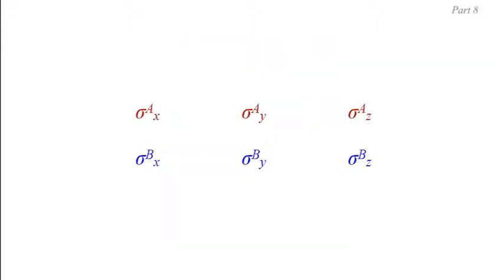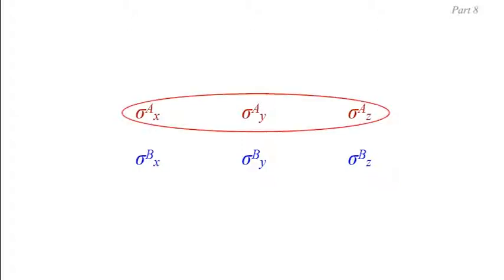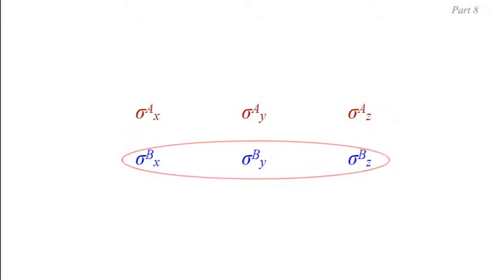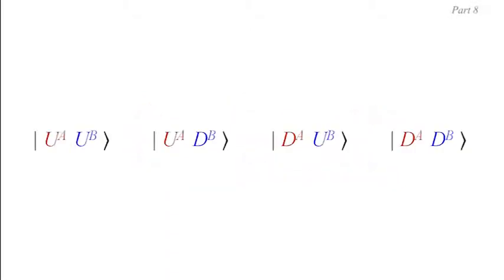Secondly, we need to be confident about having 2 sets of these sigma matrices, one set for electron A and one set for electron B. Thirdly, we need to feel comfortable that for 2 electrons, entangled or not, we now have 4 basis states in a 4-dimensional Hilbert space.